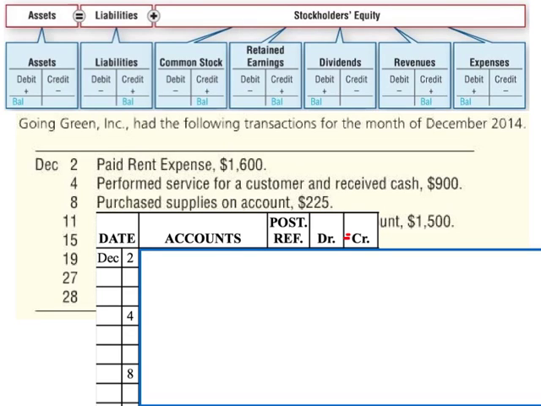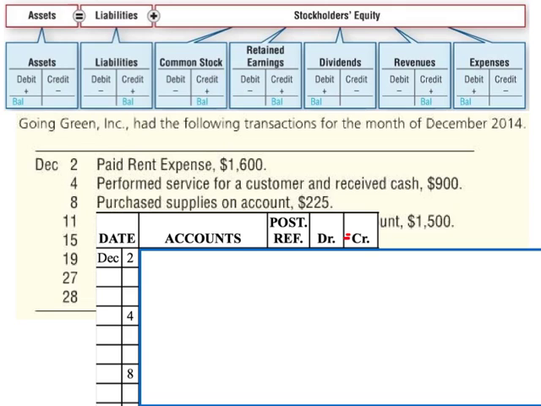If our debits don't equal our credits, we made a mistake. So when we're doing these transactions, we know we're going to need at least one debit and one credit. Sometimes we can have more debits or more credits. As long as our debits equal our credits, that's a quick indicator that everything looks okay. If they don't, we definitely did something wrong.